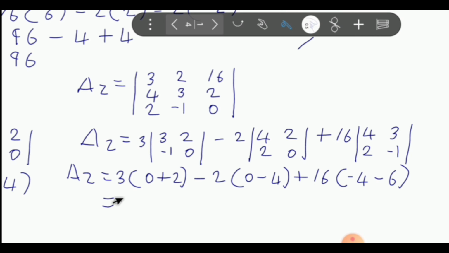Here will now be 3, open bracket, 0 plus 2, that's 2. Minus 2. 0 minus 4 will give us minus 4. Plus 16. Minus 4 minus 6 will give me minus 10.